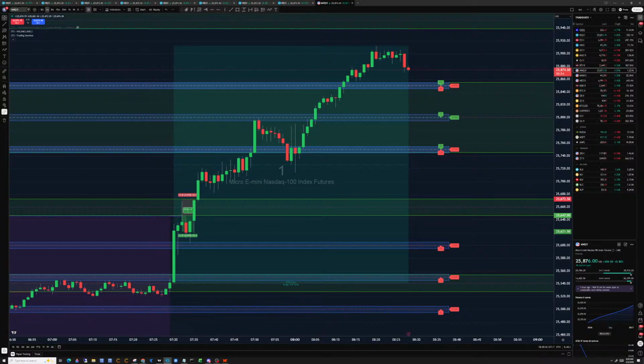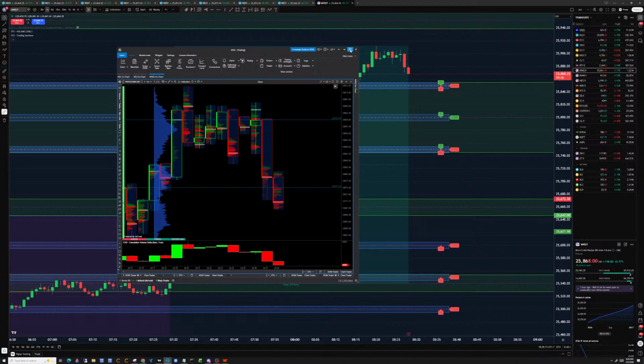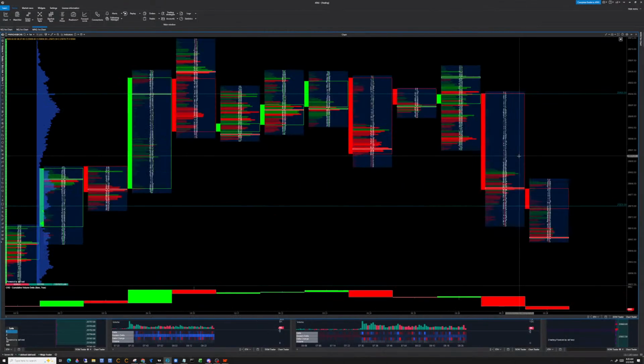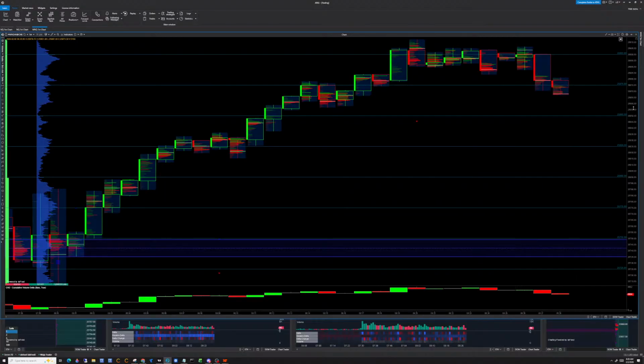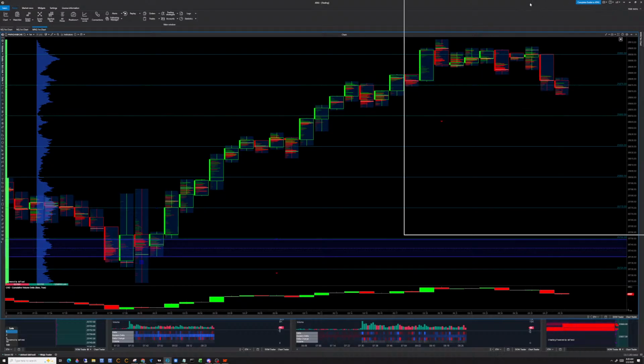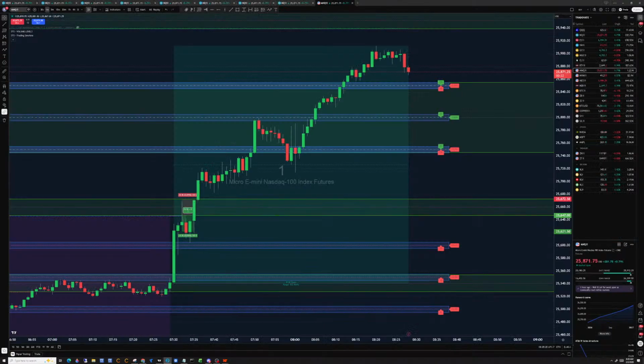I'm gonna end up getting one of these probably, but I'm gonna wait because look, these levels are so close together for the way that I like to trade.